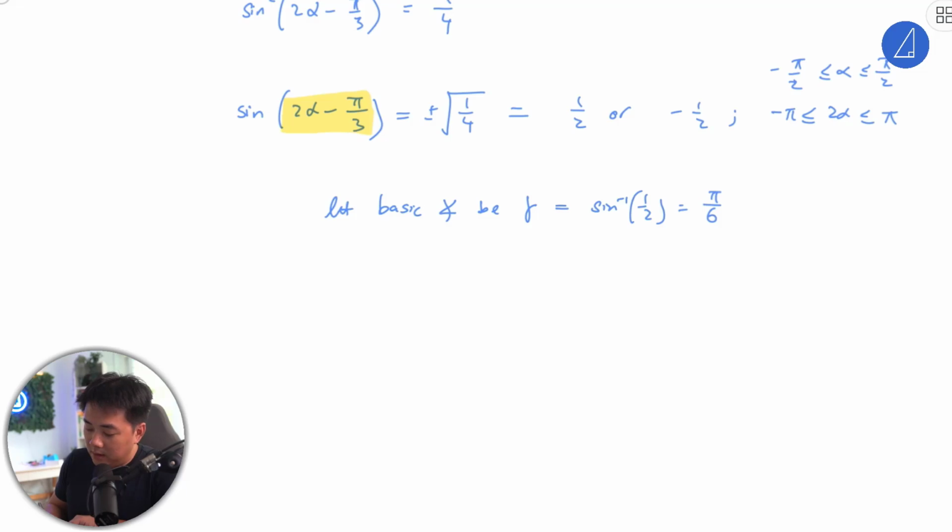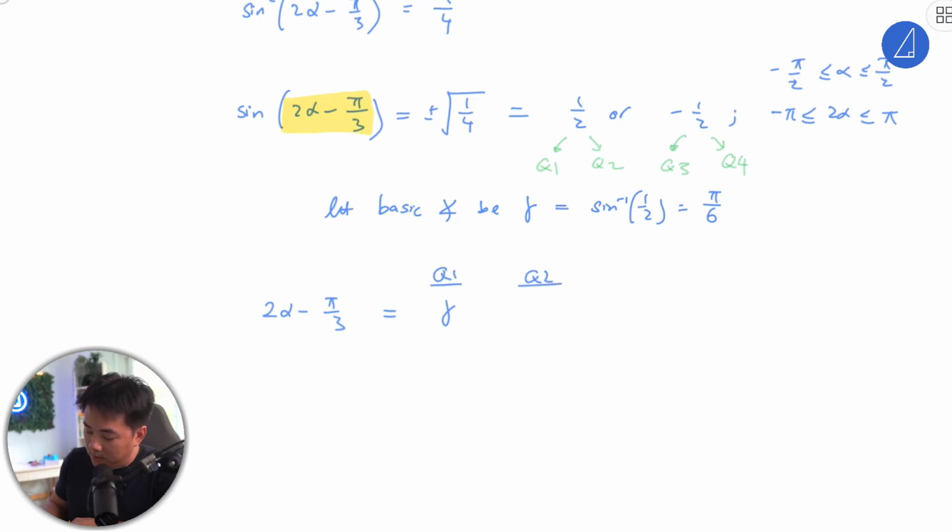Essentially, understand that now you have plus. For sine positive, it will be quadrant 1 and quadrant 2. For it to be negative, it will be quadrant 3 and quadrant 4. So we have all the quadrants there. When we open this up, 2 alpha minus pi over 3, quadrant 1 is just gamma, the basic angle.